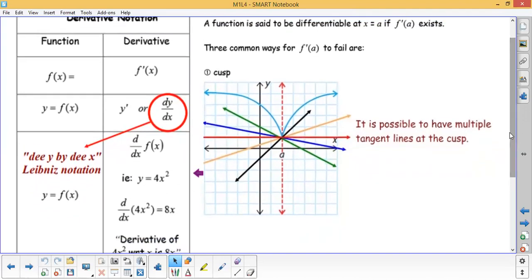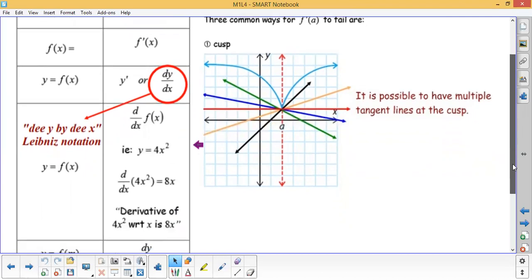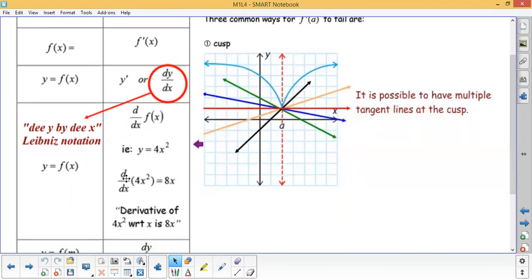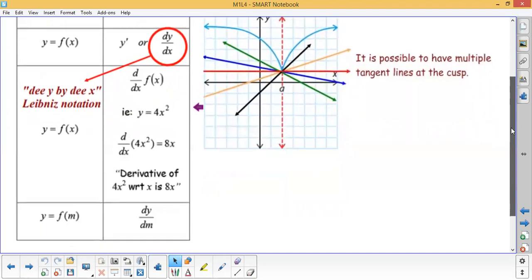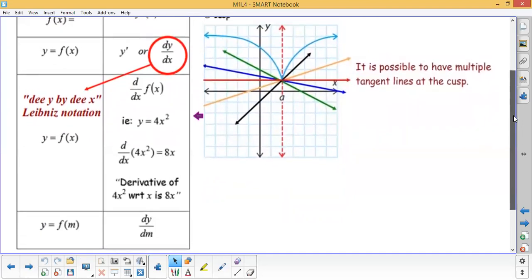Now, for example, if you have y is equal to 4x squared, we can take the derivative of 4x squared, and we will find that it is 8x, and you can denote that as d over dx of 4x squared. And so it's just a few different notations.